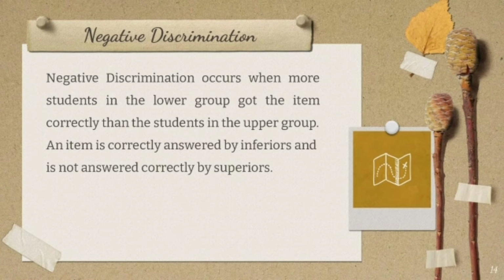Negative discrimination. Negative discrimination occurs when more students in the lower group got the item correct than students in the upper group. An item is correctly answered by inferiors and is not answered correctly by superiors.